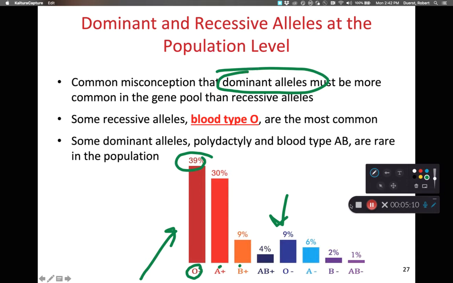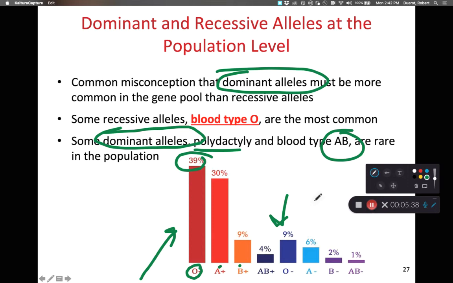Dominant alleles can also be really rare. For example, polydactylism, having 6 fingers on a hand, is pretty abnormal. Although for some weird reason, all of my barn cats at the farm where I grew up had 6 toes on each one of their paws. It was kind of creepy. They were pretty inbred though. Another example of a dominant allele being rare is the AB blood type within the United States population.